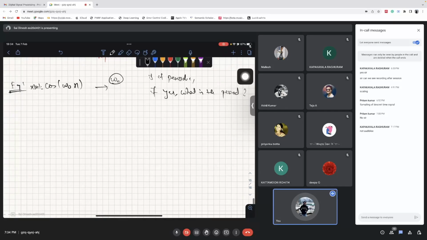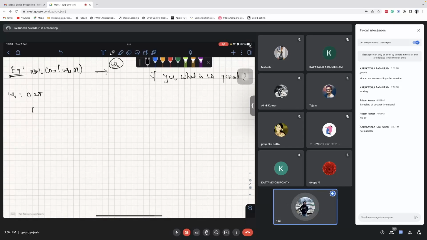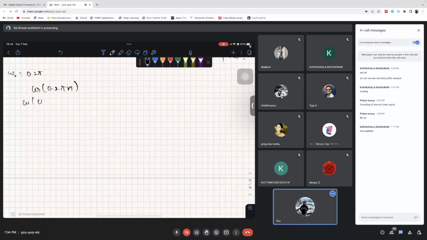Let's say omega naught equals 0.2 pi, so cos of 0.2 pi n. If it is periodic with period N, then 0.2 pi n plus 0.2 pi N should differ by an integer multiple of 2 pi k.